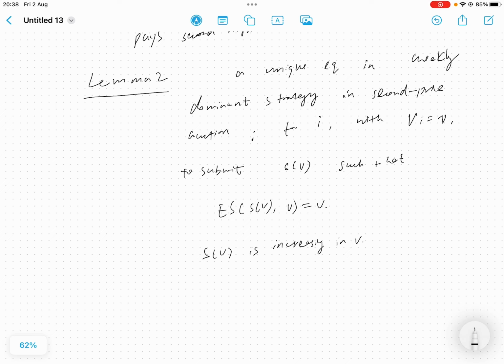Similarly, we have some results for the first price auction, and that's also discussed in the paper.